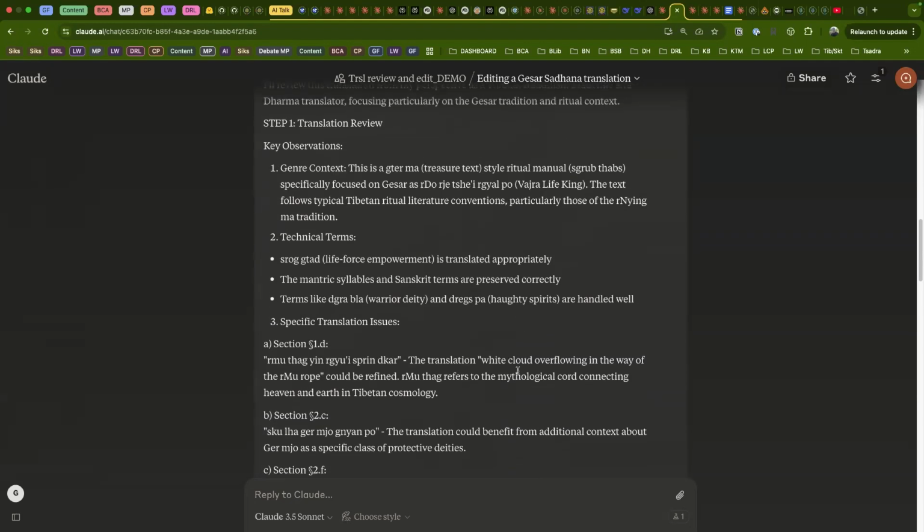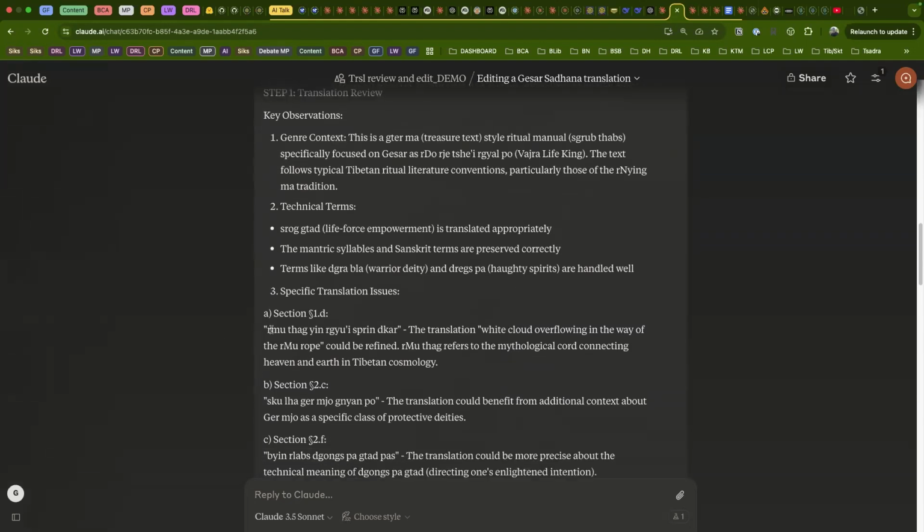It understands the context most of the time. Here, for example, there's a technical term, right? The mutak, this move rope, from which the tempo at the time of the Tibetan Empire would come down from heaven to earth. And so that's this mythological cord connecting, as the model is saying, heaven and earth.